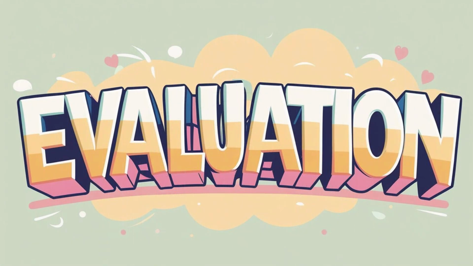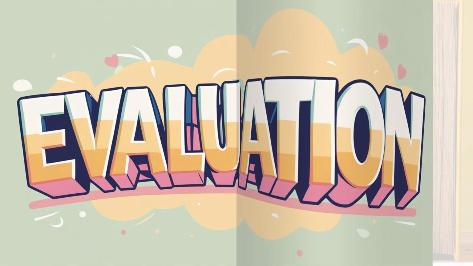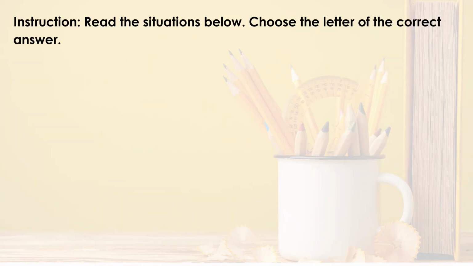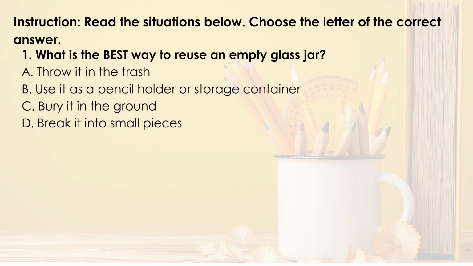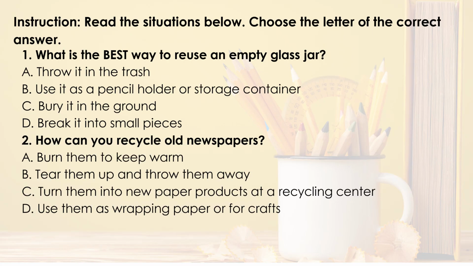Let's proceed now to the evaluation. Read the situations below and choose the letter of the correct answer. One, what is the best way to reuse an empty glass jar? Two, how can you recycle old newspaper?